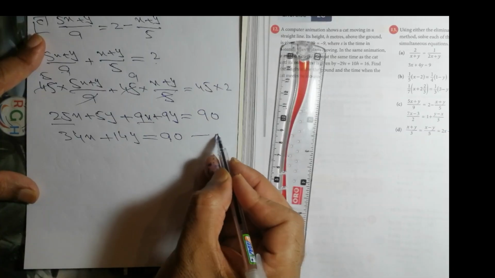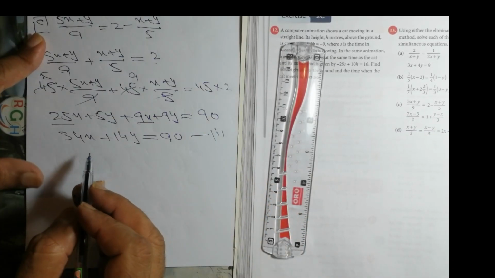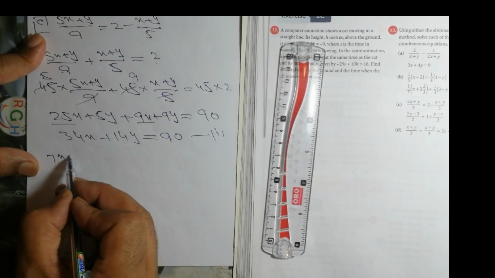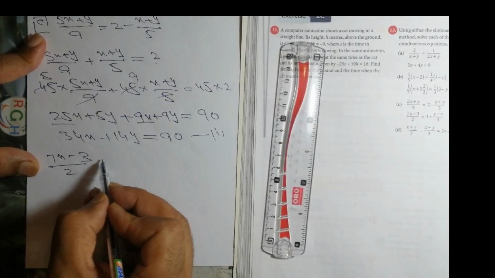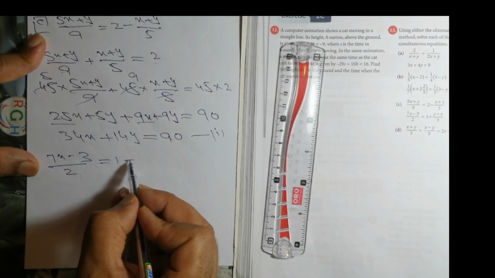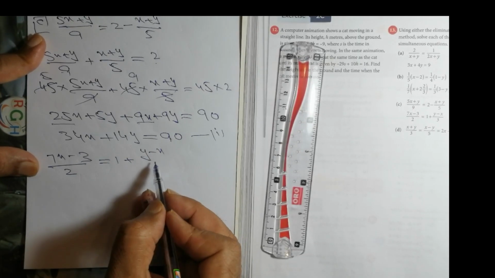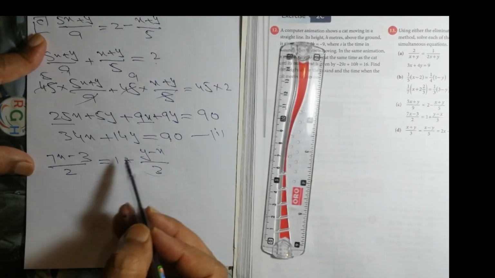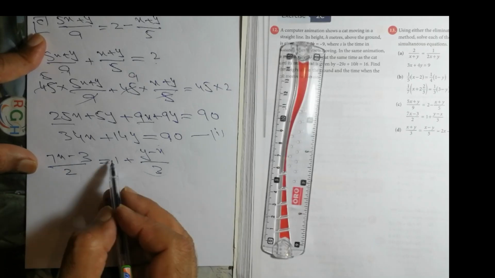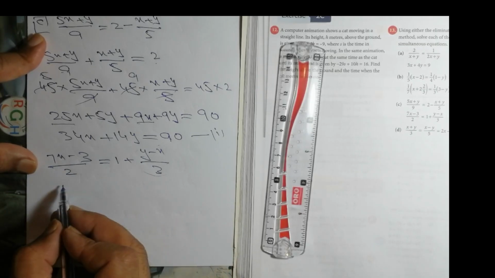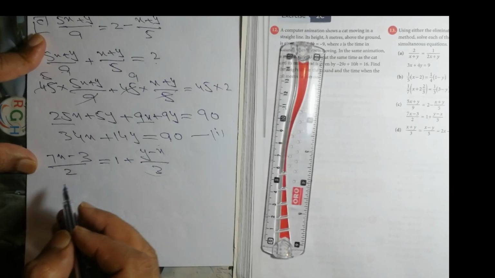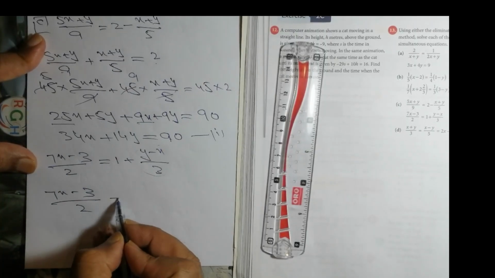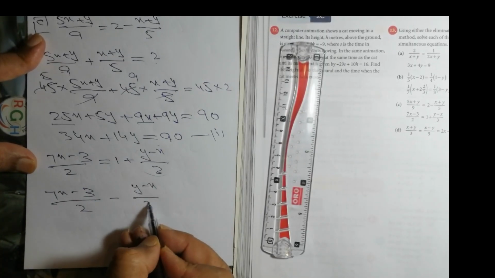So one equation we have, and for the other, which is 7x minus 3 over 2 equal to 1 plus y minus x over 3. So in the same way, bring this term to right side and keep this constant here on the right side, and bring this to left side. 7x minus 3 over 2 and minus y minus x over 3.